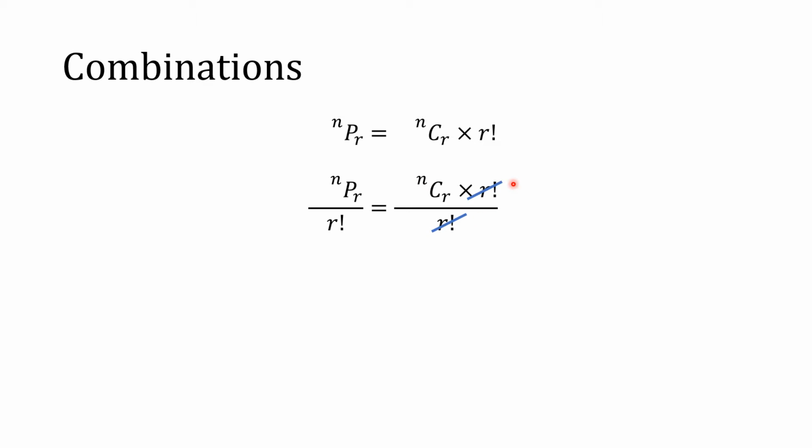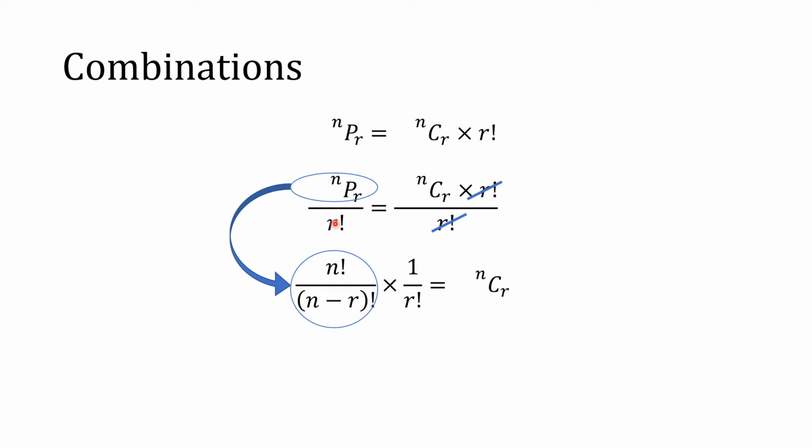Here r factorial will get cancelled. So we know that the number of permutations of r objects from n different objects is equal to n factorial over n minus r whole factorial. So for the number of combinations of r objects from n different objects, we have the formula n factorial over r factorial times n minus r whole factorial.